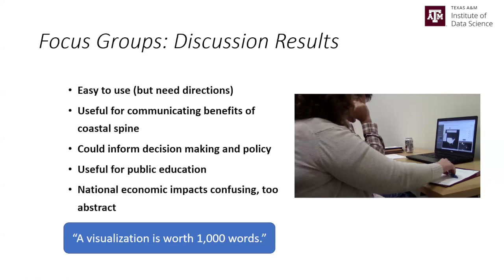That came out of our informal discussion. It seemed very positive on that. They also highlighted that it could potentially be useful for public education, which was not a use case we had considered previously, but we did following our interactions with the participants. And then they highlighted again, national impacts is too confusing and too abstract.